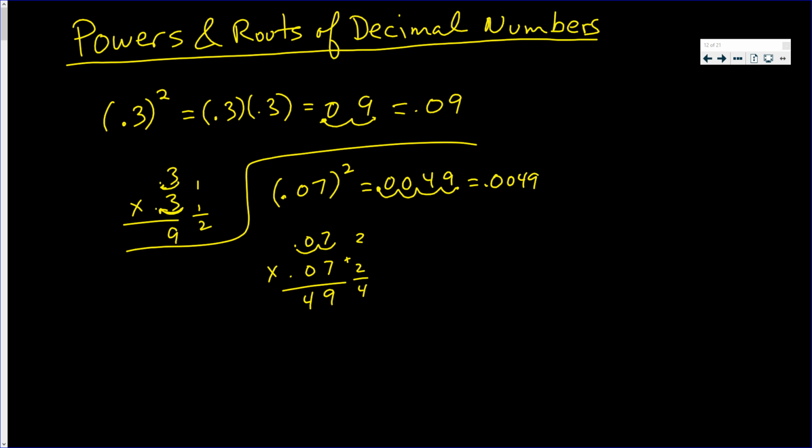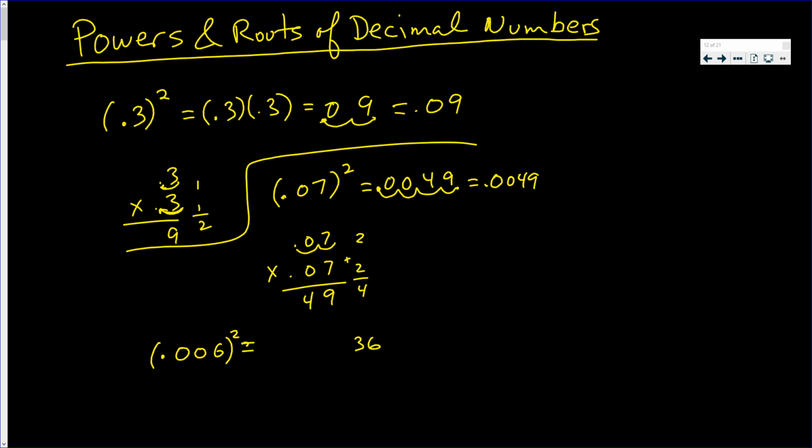So let's look at another one. What if you have 0.006 and you want to square this? Well, we know that 6 times 6 is 36. The question is, how many places do I need to move in?